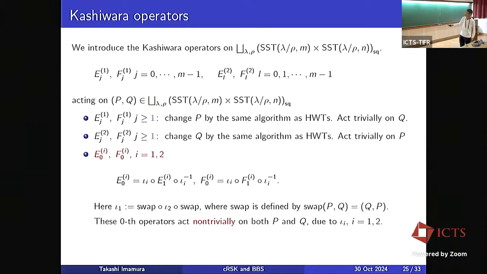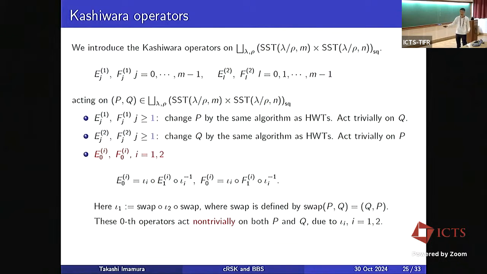So the E1 or F1 case changes only the P tableau and acts trivially on the Q tableau. This operator does not change the Q tableau. On the other hand, E2 and F2 change the Q tableau and act trivially on the P tableau.